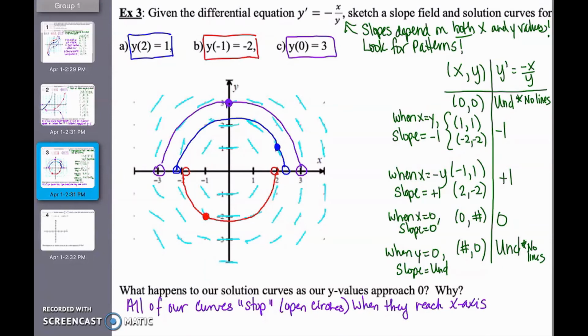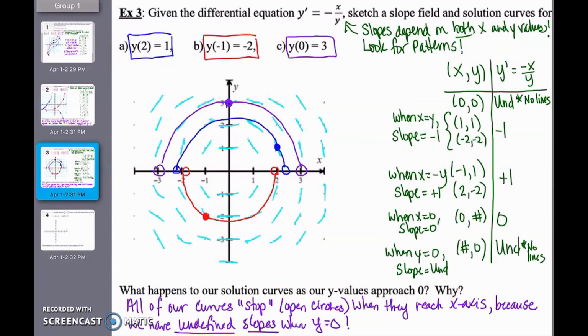Okay, because we have undefined slopes when y equals 0. Okay, there we go. So that's the reason behind that.